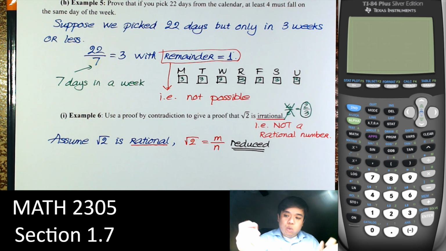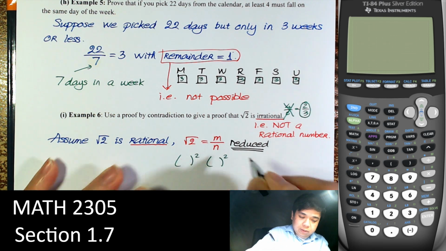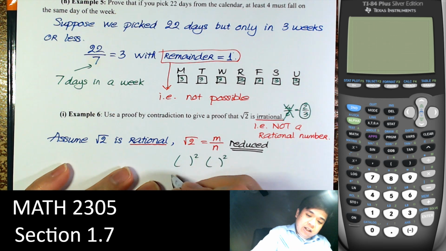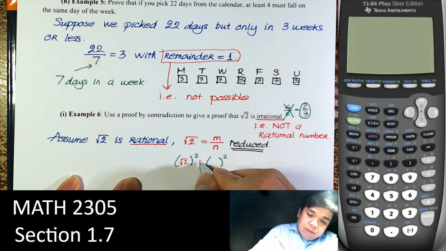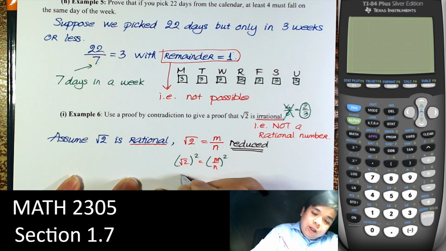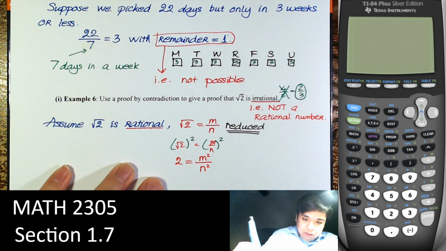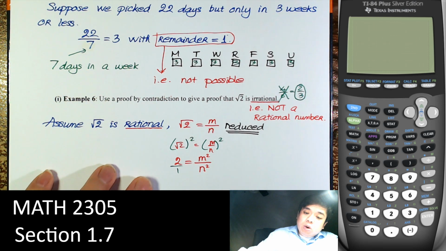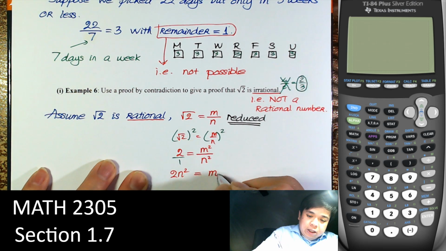Now, square both sides. That gives us 2 equal to m squared over n squared. Now cross multiply, we have 2n squared equal to m squared.